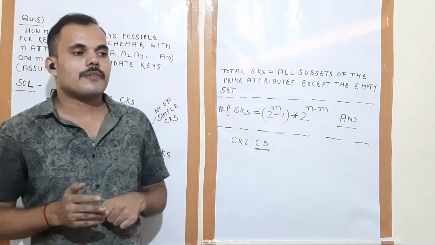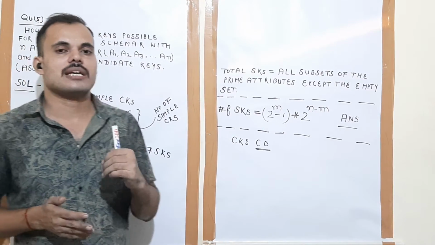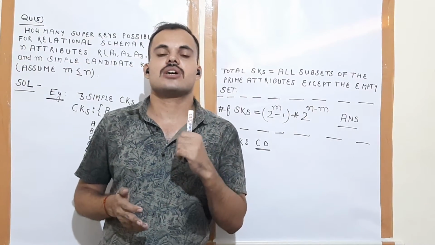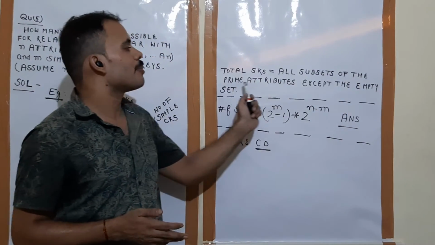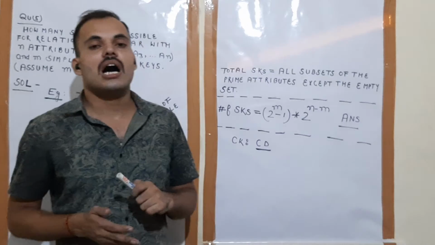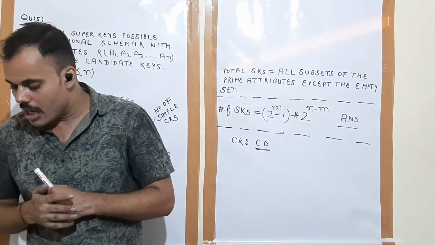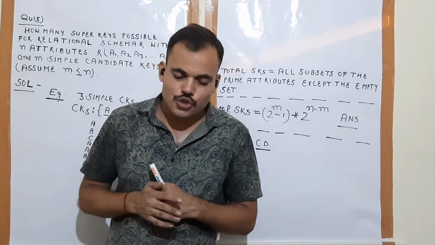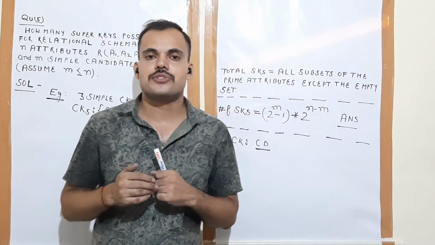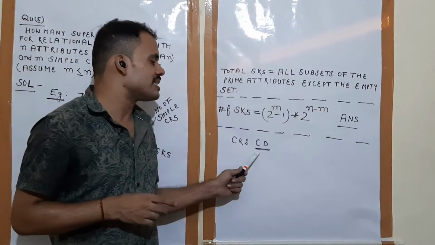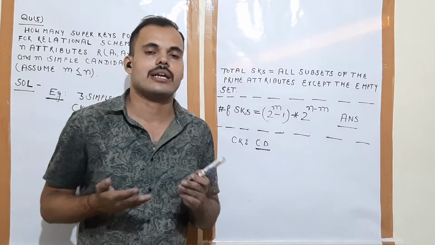So if a compound candidate key is given, then not all subsets of the prime attributes can be a super key. Why can they not be a super key? Because C is a proper subset of the candidate key, and a proper subset of the candidate key can never be a super key.